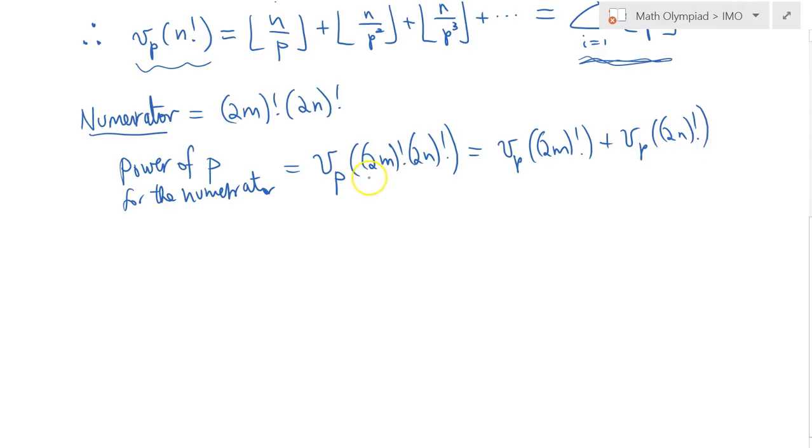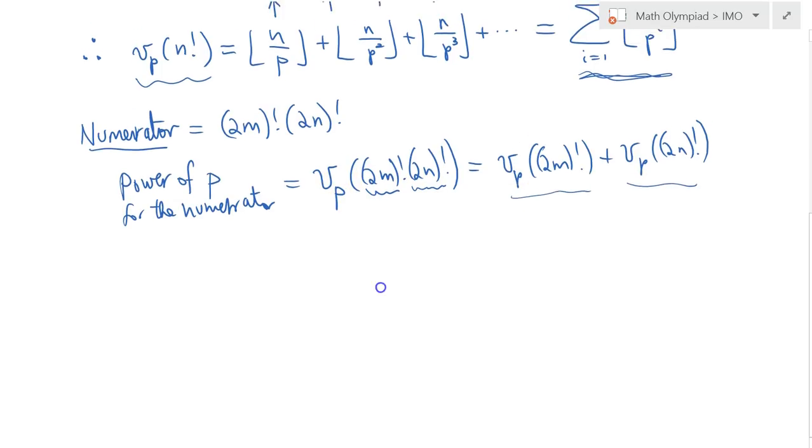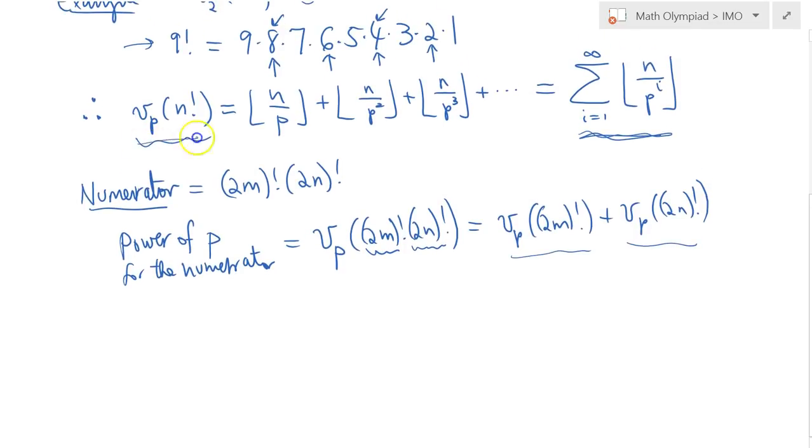What I mean is, just count how many p's there are in the first part, and count how many p's in the other one, and obviously when you multiply these, the exponents are added up, right? But I just found the formula for that, which is just here.